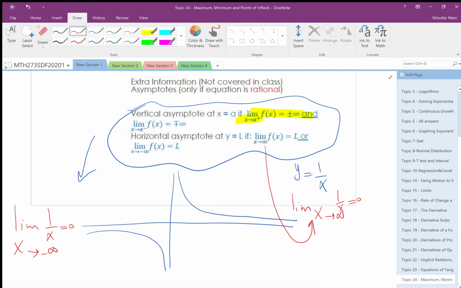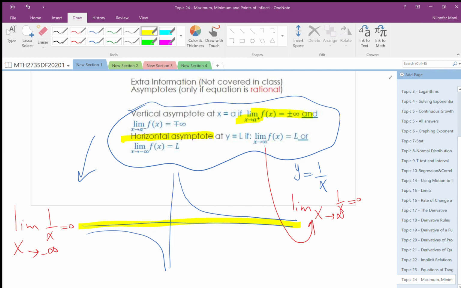So my two horizontal asymptotes are, in both cases, just 0, because when x is approaching infinity and x is approaching minus infinity, y is approaching just 0.